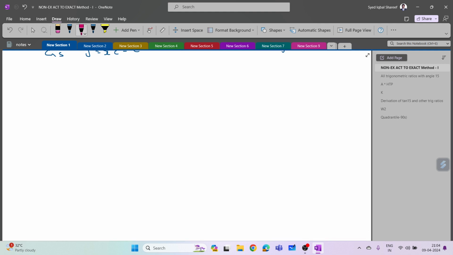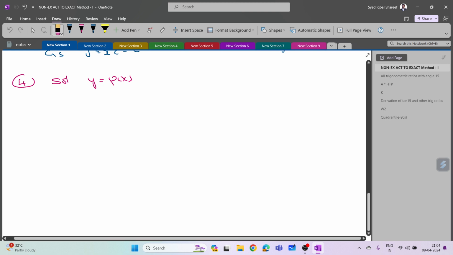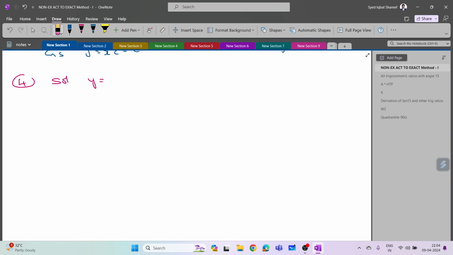One more type. Suppose solve y equal to px plus square root of 1 plus p square, that is, 1 plus p square whole to the power of half. So what will be the solution for this?